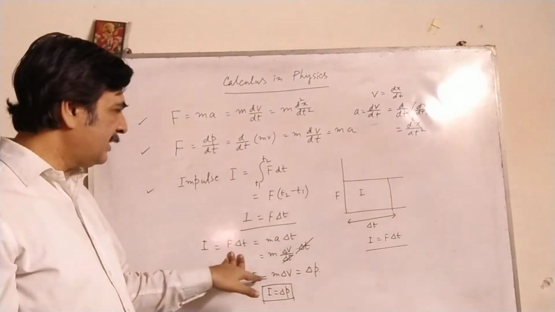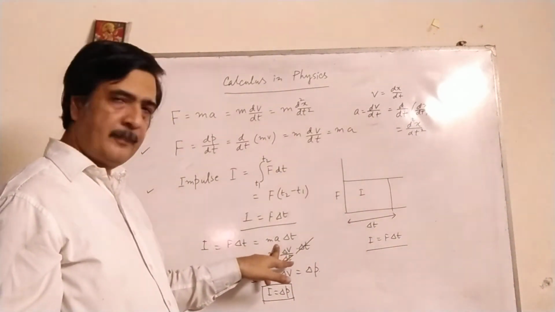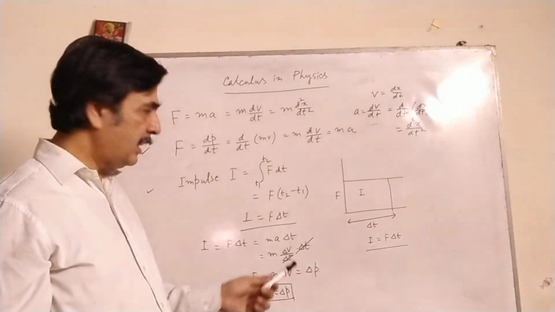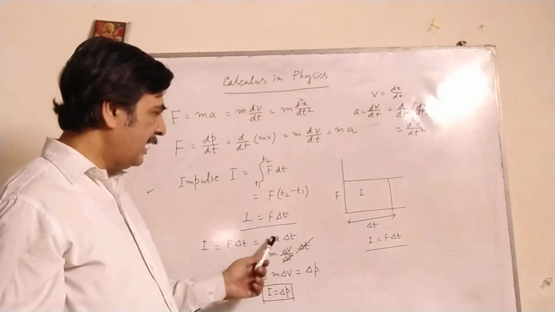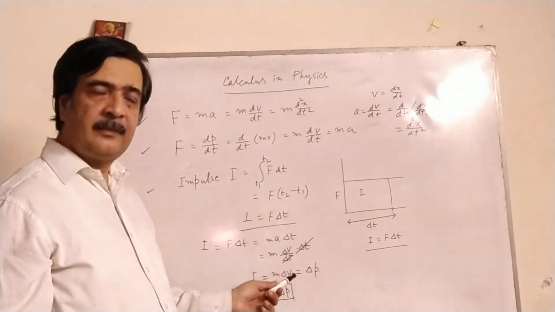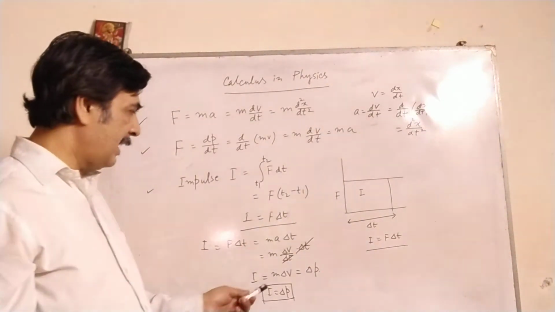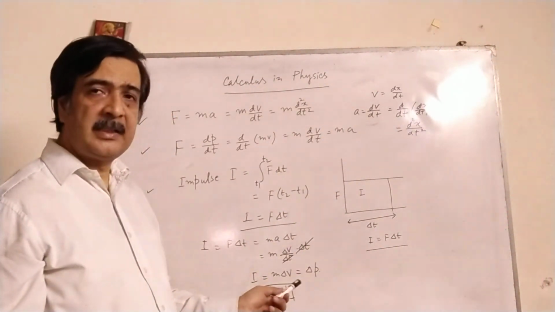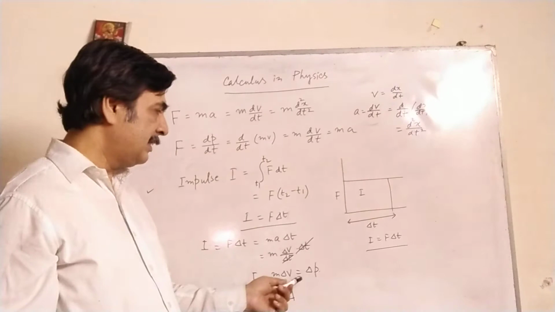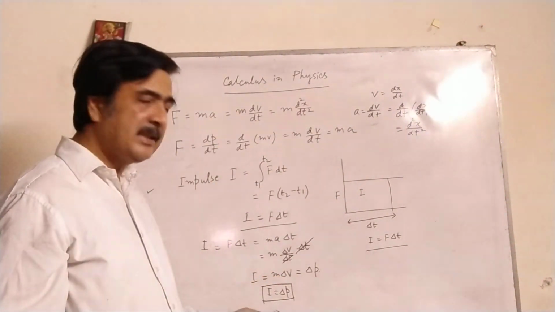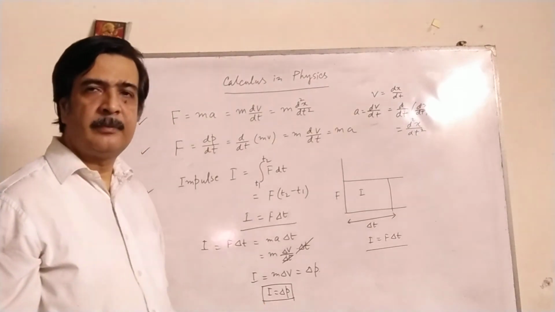Now I is equal to F delta t is equal to ma, mass into acceleration, into delta t, and a is delta v by delta t, and here delta t cancels, therefore it is m delta v. I is equal to m delta v, and what is that? That is delta p, the change in momentum. So impulse can be regarded as change in momentum.